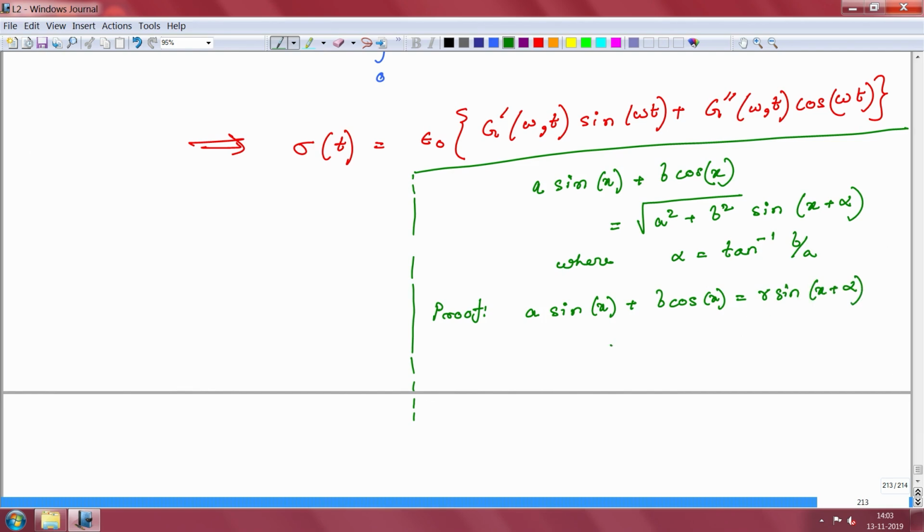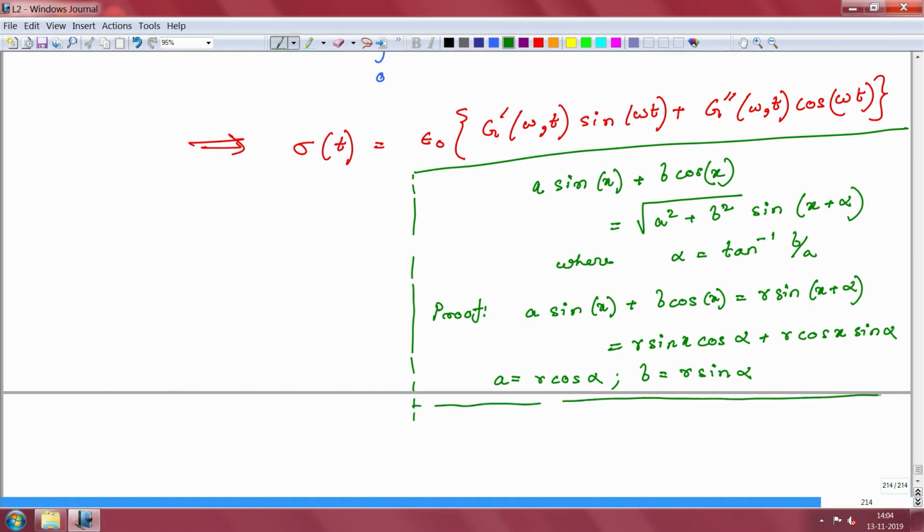So, if you now open this bracket, using the trigonometric identity for sine of x plus alpha, we are expanding the bracket term here, you will have r sine x cosine alpha plus r cos x sine alpha. So, if you compare these two, you can see that a is equal to r cosine alpha, right, and b is equal to r sine alpha. Okay. So, we will close this here.